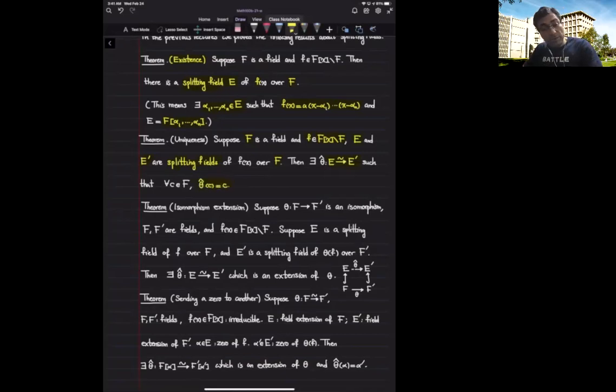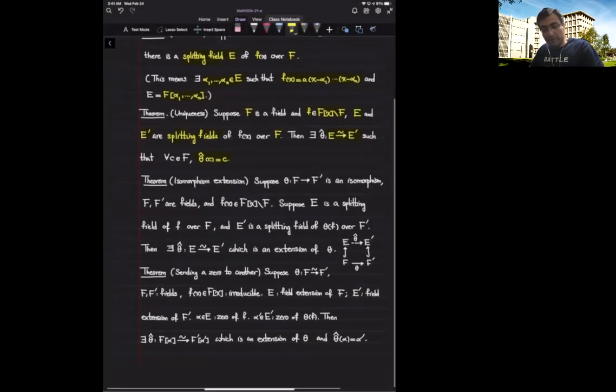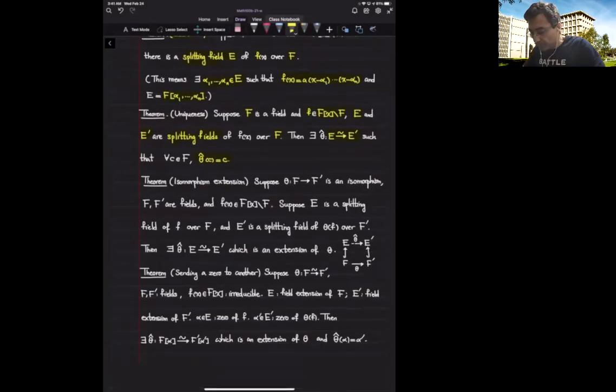The proof of the uniqueness was based on a stronger statement that we can refer to as isomorphism extension. So what is the isomorphism extension theorem?